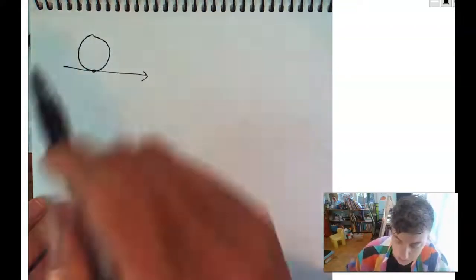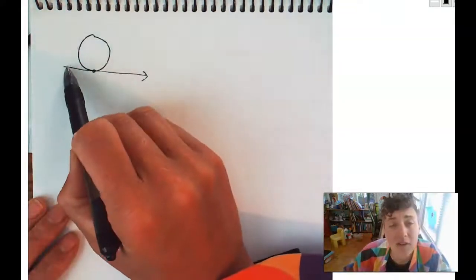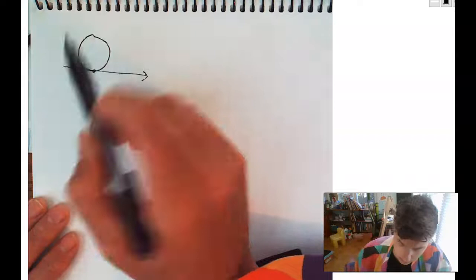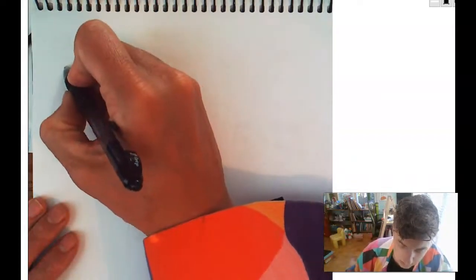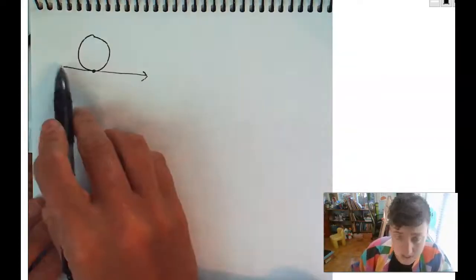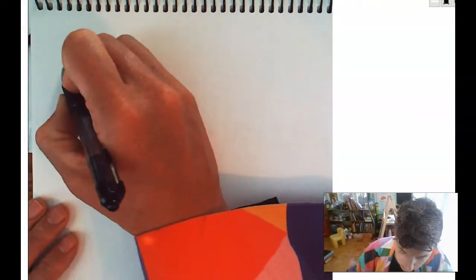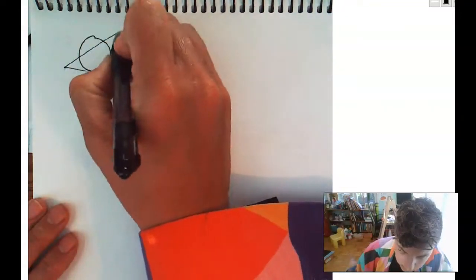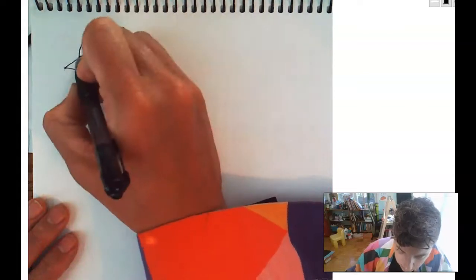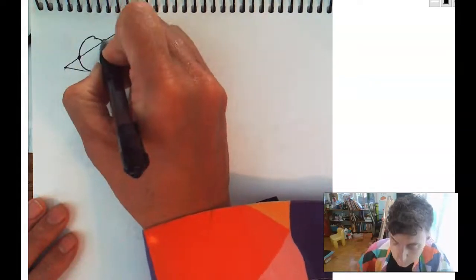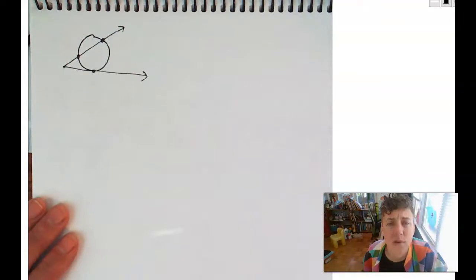Now, for simplicity, don't keep drawing that forever. Instead, from this end of your tangent, draw a secant here. Secant means it has 2 points of intersection.